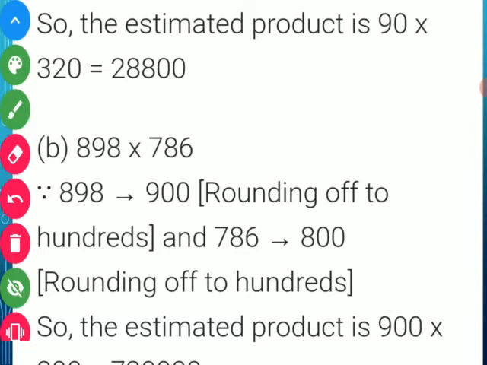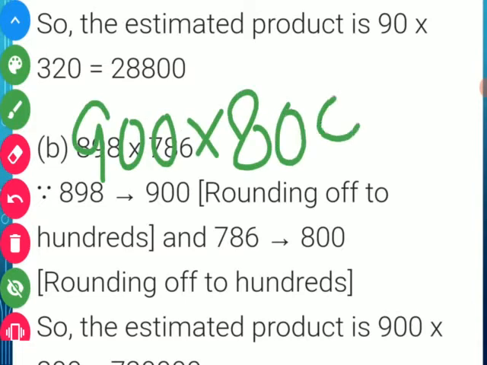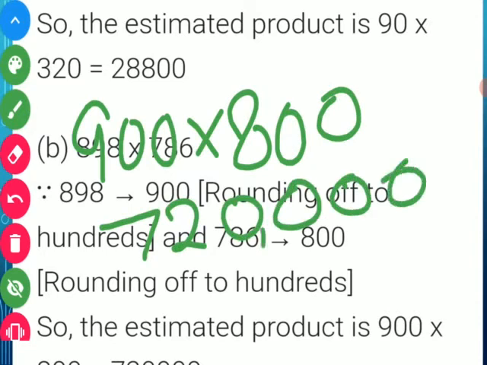So round off to the nearest 100. 898 becomes 900, and 786 becomes 800, and now you multiply them. 900 multiplied by 800 gives you 72 and 4 zeros, which equals 7,20,000. So this way we will estimate it.